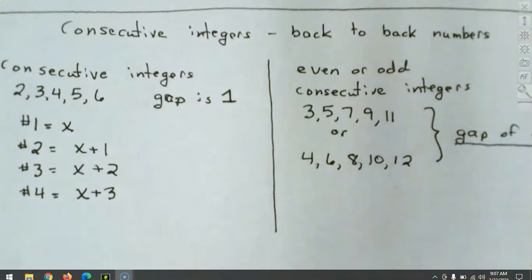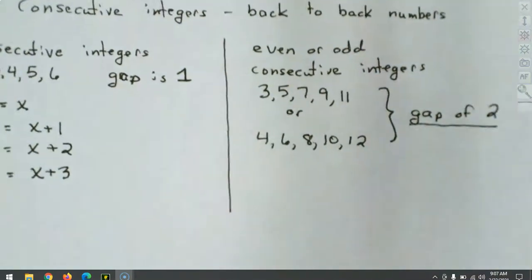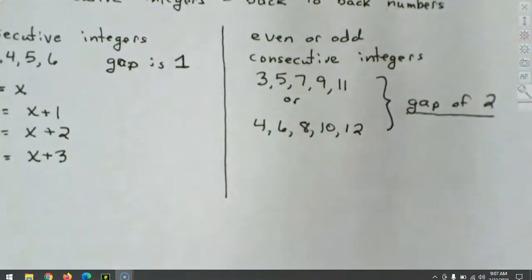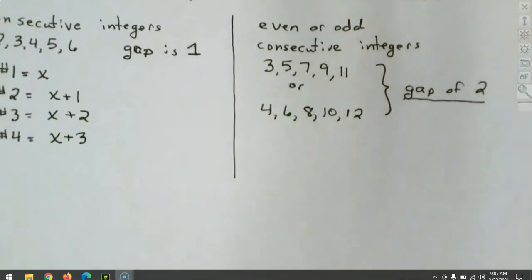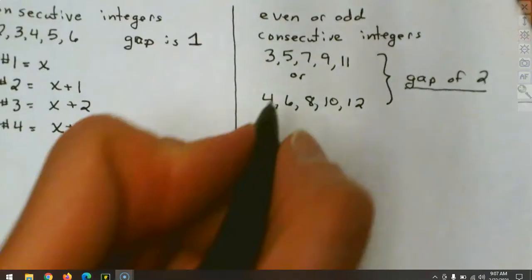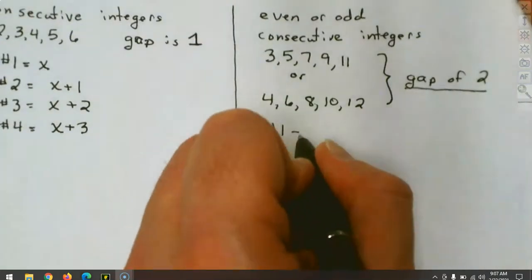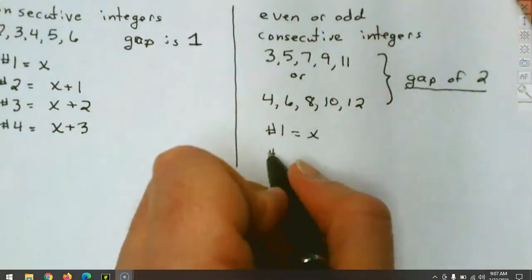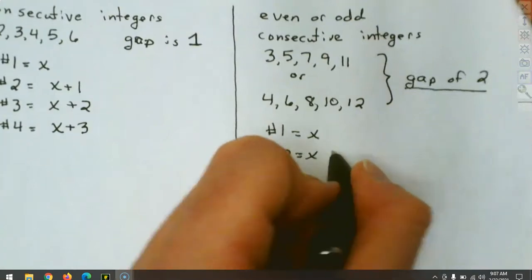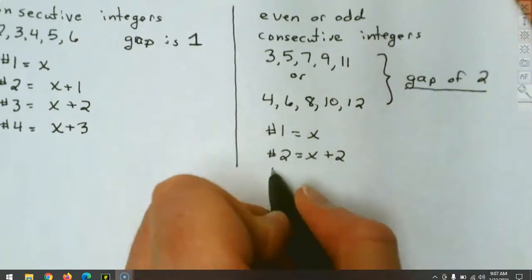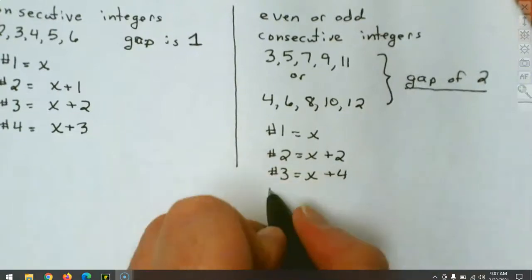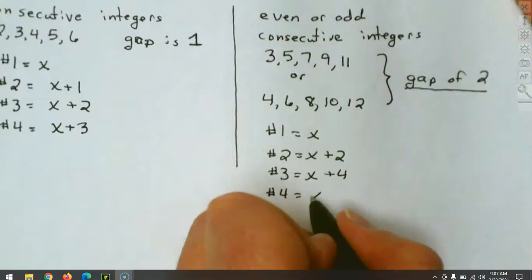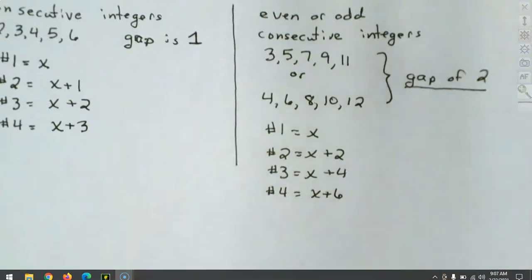Okay, so the gap's either 1 or the gap is 2. Now, how does it work if we have a gap of 2? Well, if we have a gap of 2, that means we call our first number x again. Second one is x plus 2. Third one is x plus 4. And our fourth one would be x plus 6.